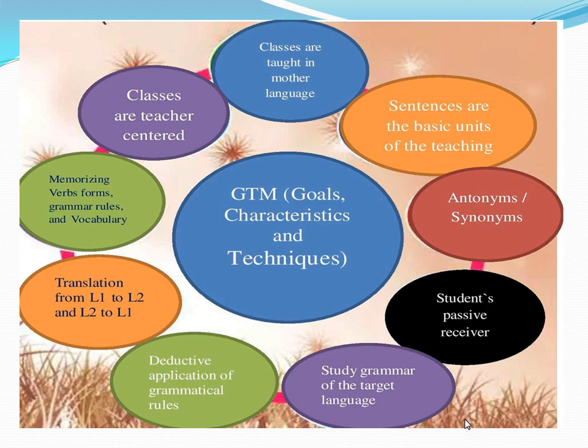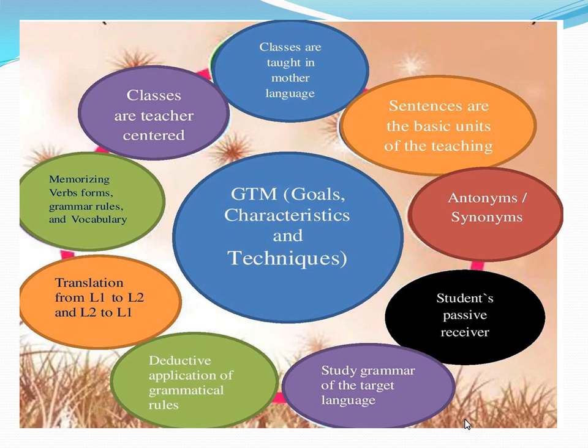Whenever there are 300 students in a class, if students are welcome to ask questions and the teacher answers them, what would the scenario be? So students are passive receivers in GTM, which is the positive side, and also the negative side. Positive in the sense that GTM can be applied to maintain a large class, and negative in that interaction will not be there, so communication, speaking and listening will not be there.